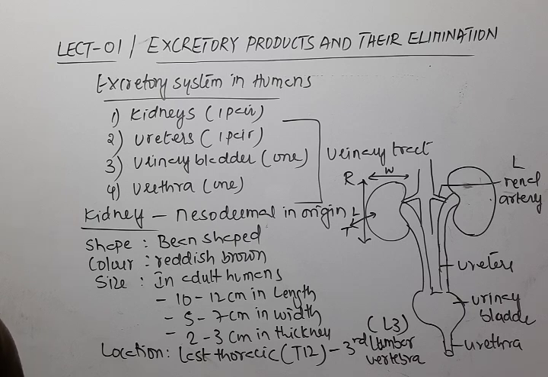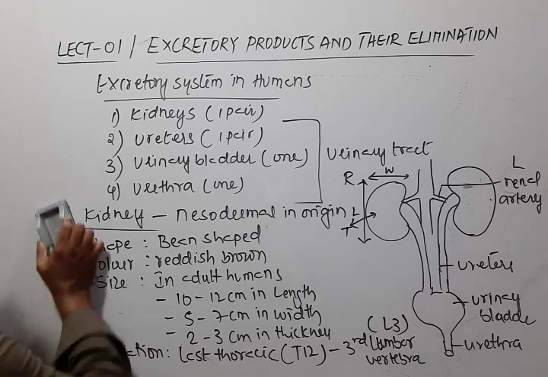The dorsal side is our back side, and the vertebral column is also present on the dorsal side, and the kidney is present very close to the vertebral column, close to the dorsal inner wall of the abdominal cavity. So that's about the location.